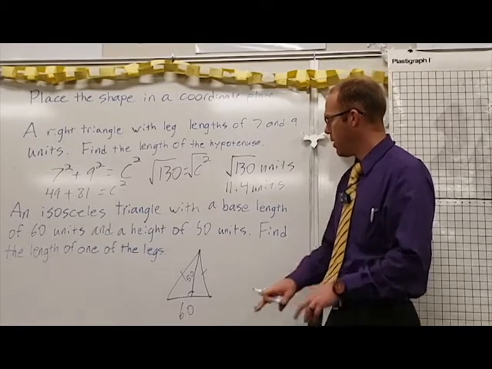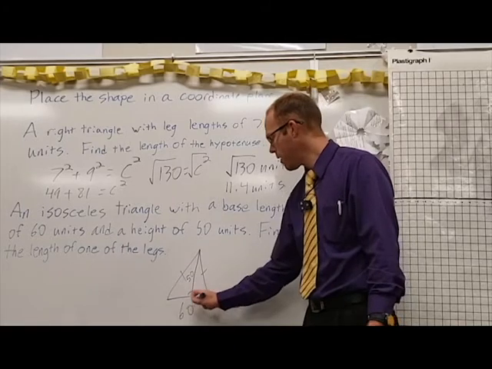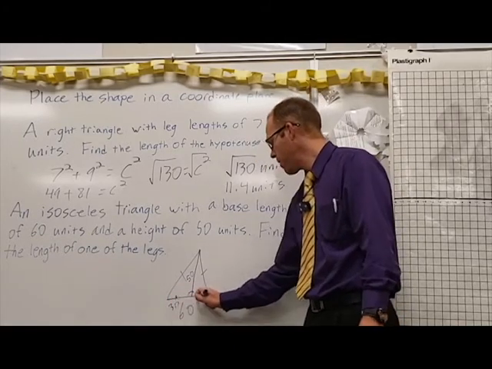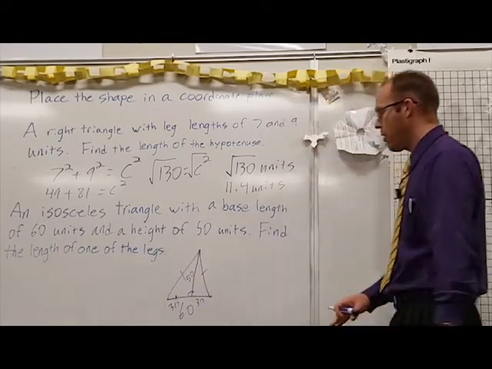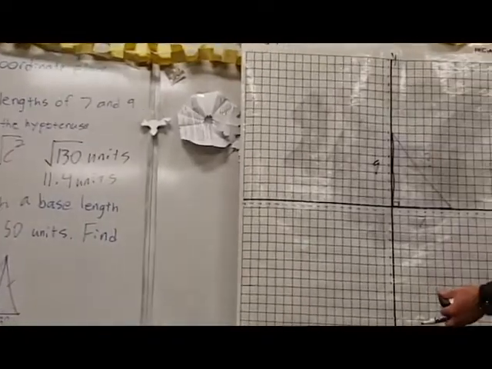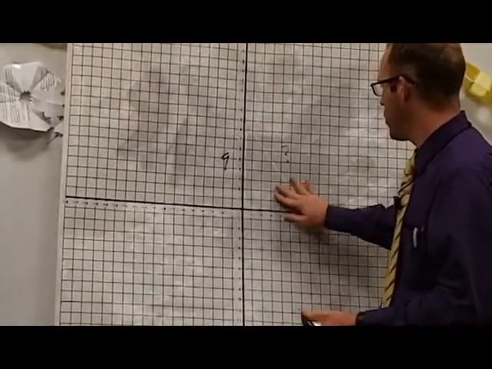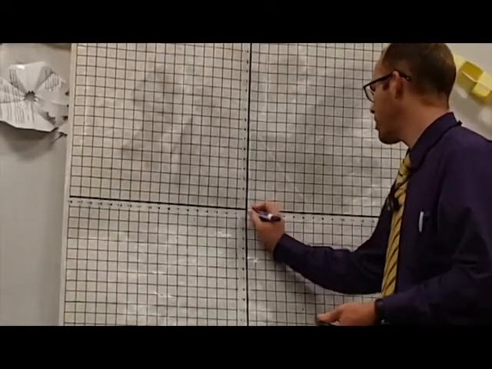There's one more thing that we need to recognize on this. If we drop this straight down, it's going to cut this line in half right there. So I'm going to end up having 30 units over here and 30 units over there, and that'll make it a little bit nicer. Now over here, I'm going to go by units of 10. So our 60 units will go from 0 to 6 here.